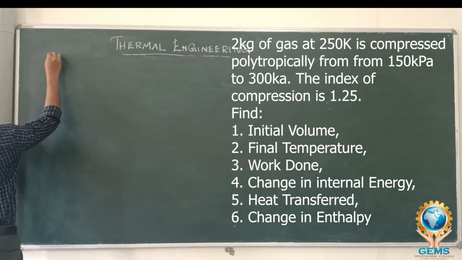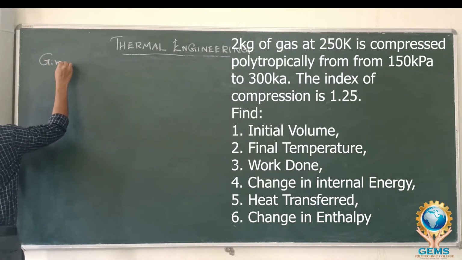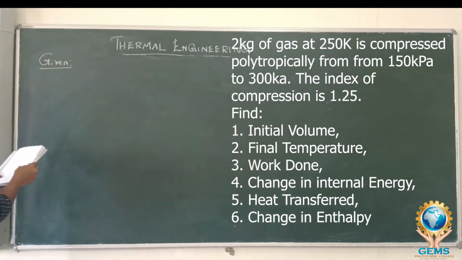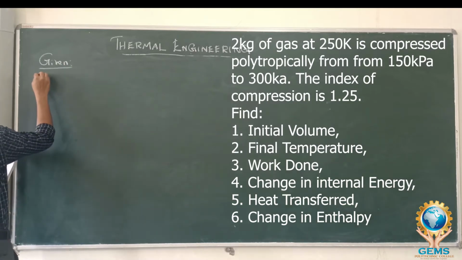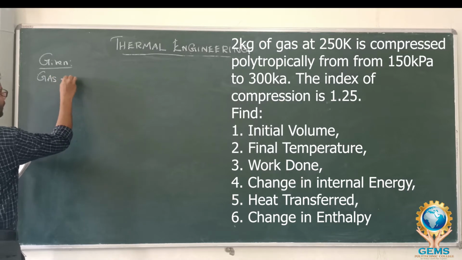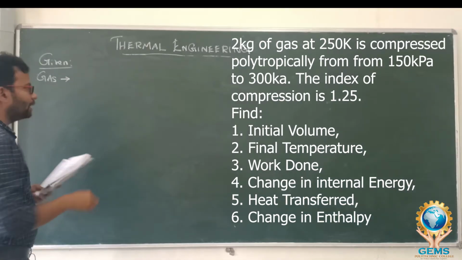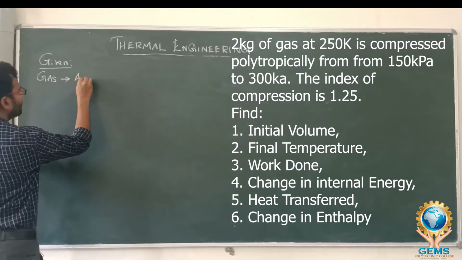Let us write the given data. What are the given data? Here we are using a gas. It is not mentioned. If any gas is not mentioned, let us assume it as air.